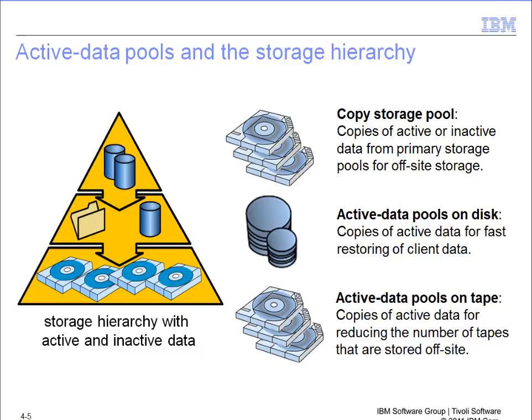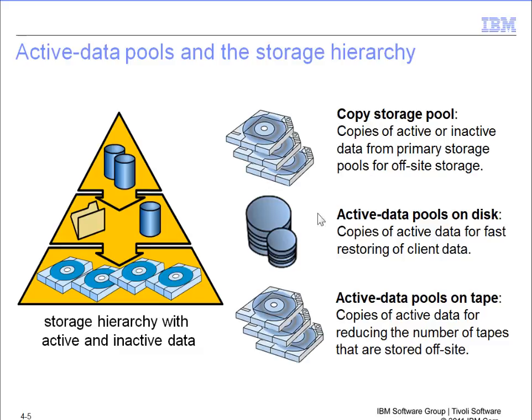You can put that copy back into the primary storage pool and rebuild it. Copy storage pools not only provide the integrity of your primary storage pools, but if you have a copy storage pool that is on removable media, like tape, you can eject these tapes and take them off-site for, say, storage.